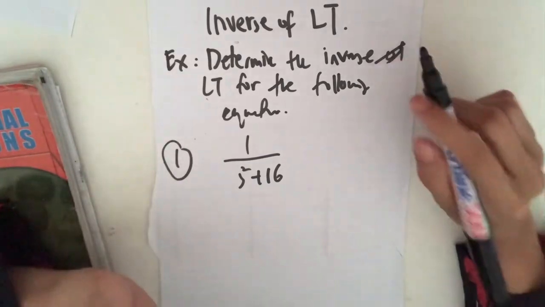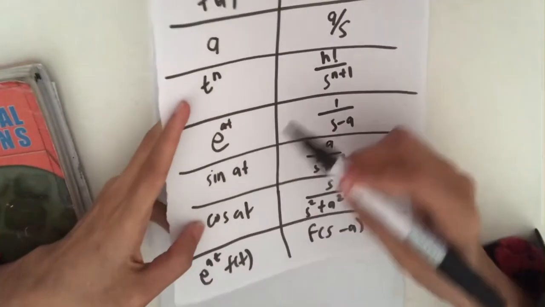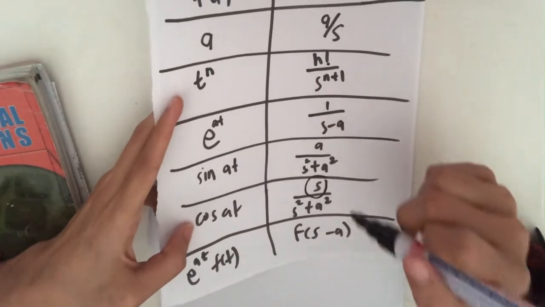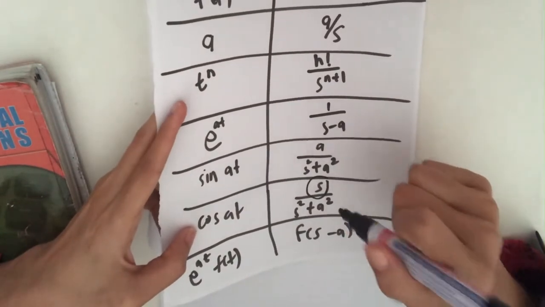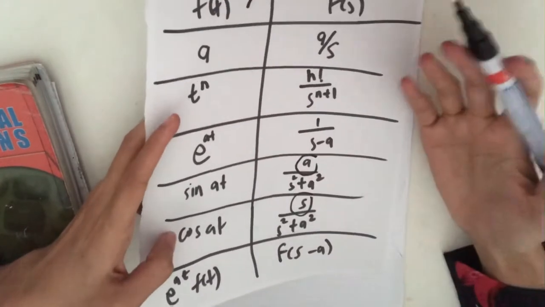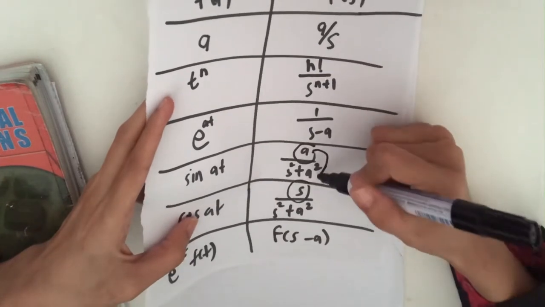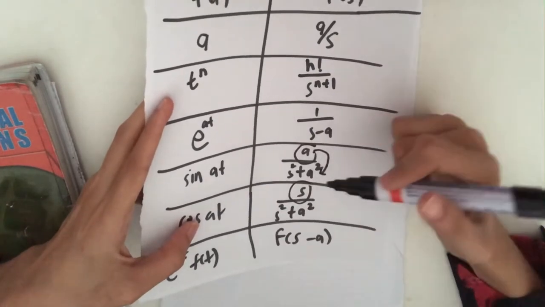Now if it is cos, the numerator must be s. For sine, the numerator must be a, where a is a number, and this a must follow the a in the denominator.